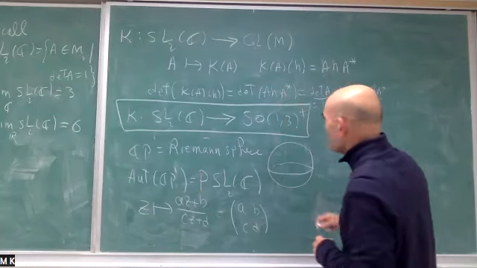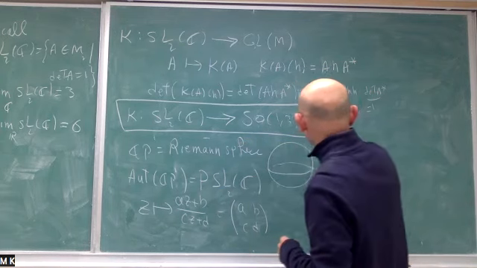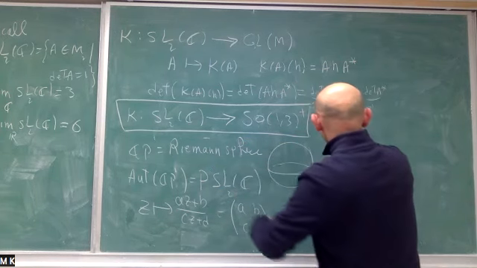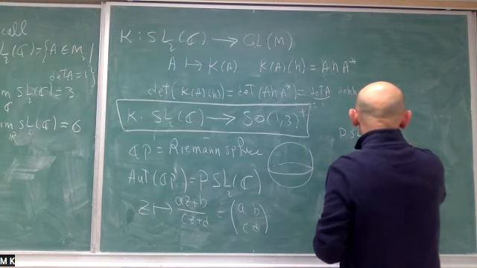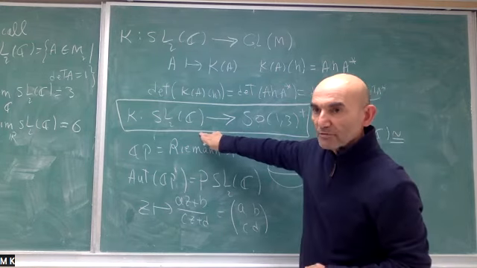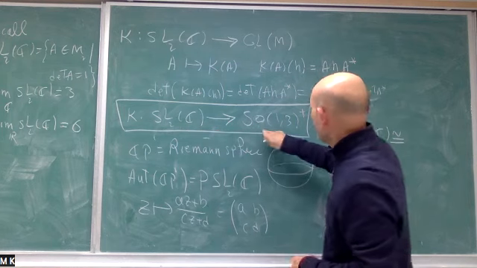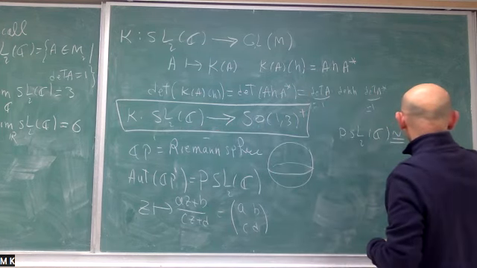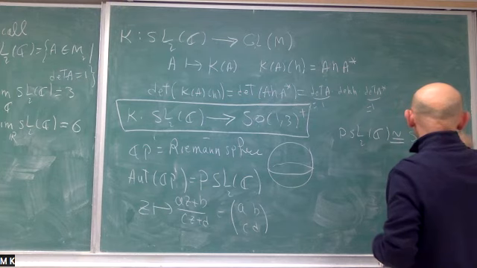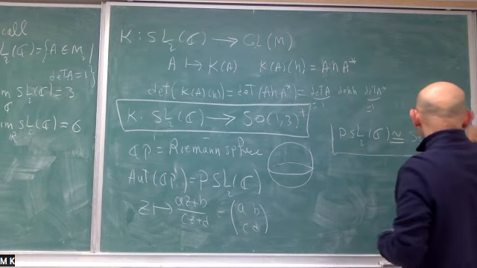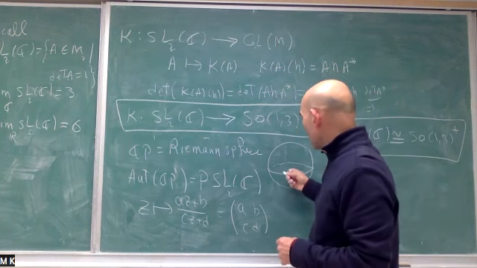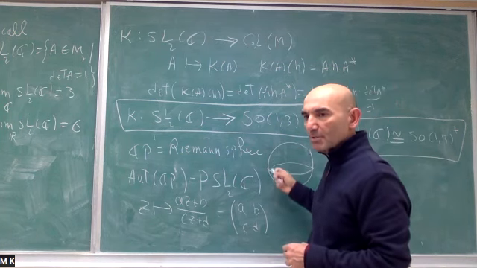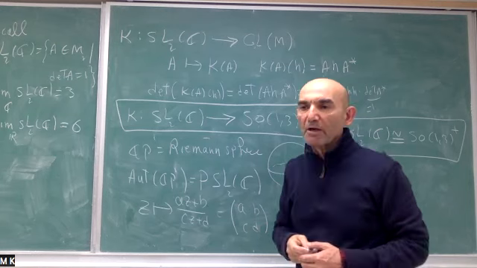This group, let me write it, PSL2C, is really isomorphic. This map shows that if you divide by the kernel, you're going to get something isomorphic to the proper Lorentz group, right? So it means that the proper Lorentz group is the group of conformal orientation preserving transformations of the sphere.